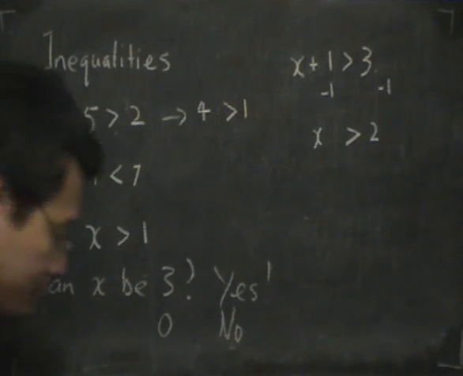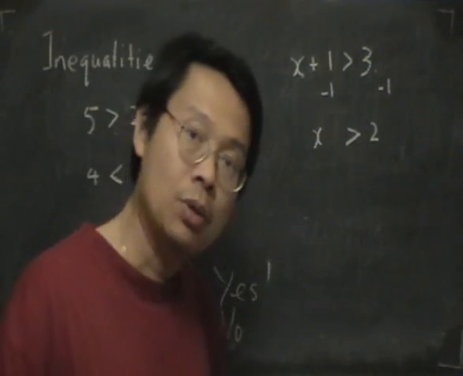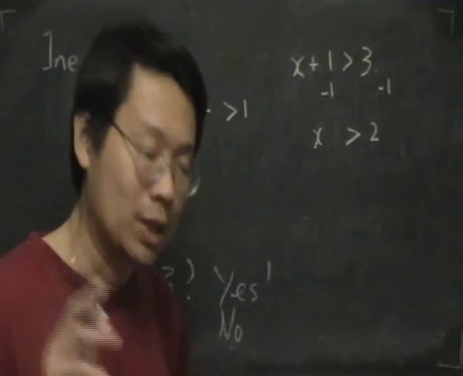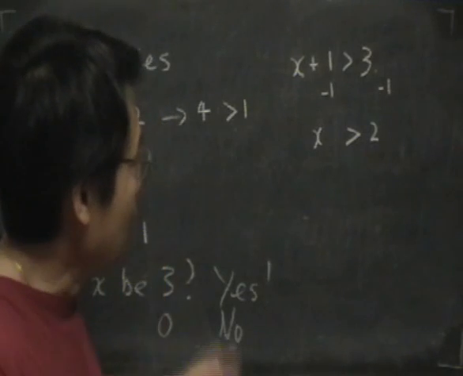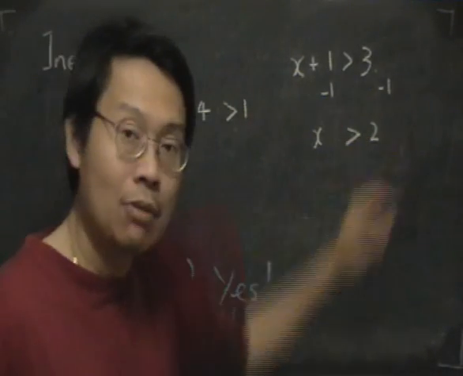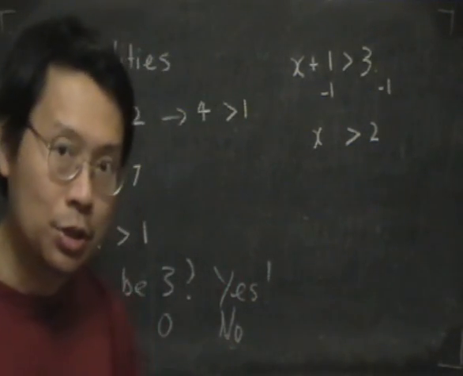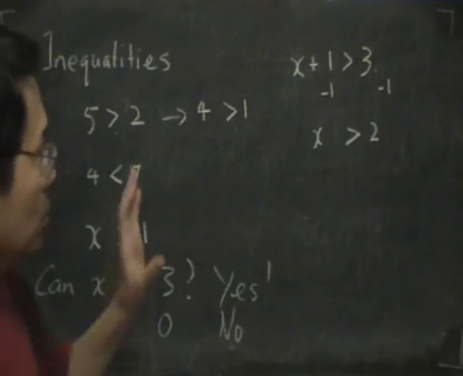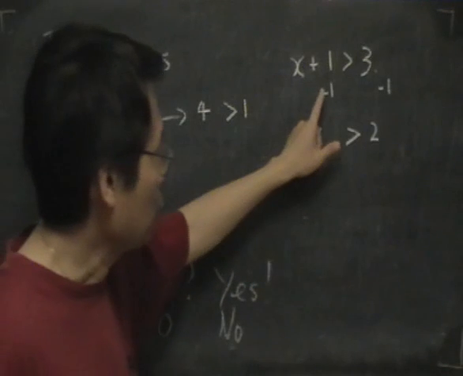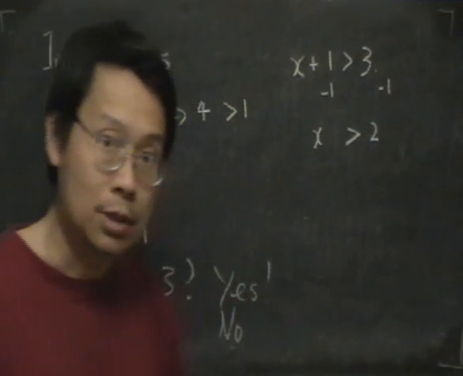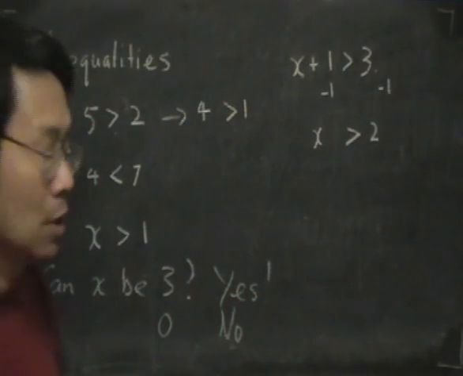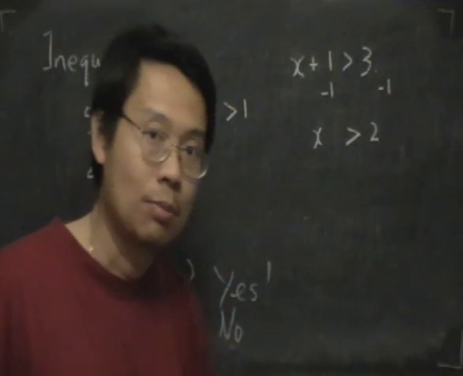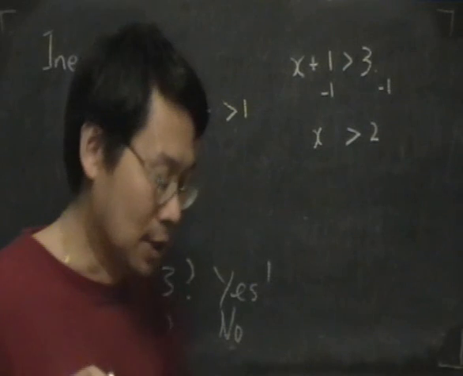Okay, while we are here, let me just mention one thing. Now I've said that you can do the same kind of things that you do to equations. That is not always true. You can subtract the same number from both sides of an inequality. You can add the same numbers to both sides of an inequality.